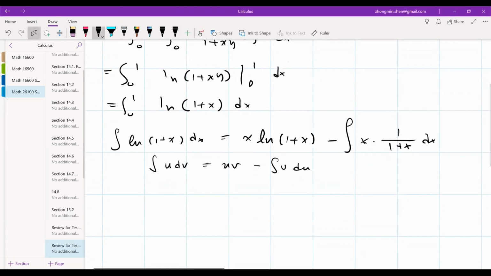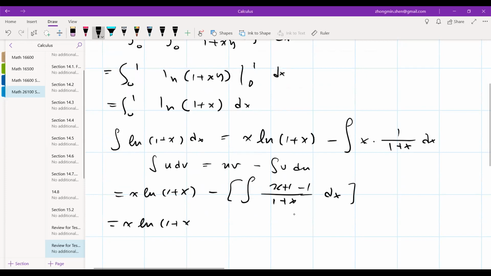But how do you evaluate the integral of x over 1 plus x? Well, the quick way to do it is to express x as x plus 1 minus 1. Then you will get 1 plus x here. The integral is the integral of 1 minus 1 over 1 plus x.